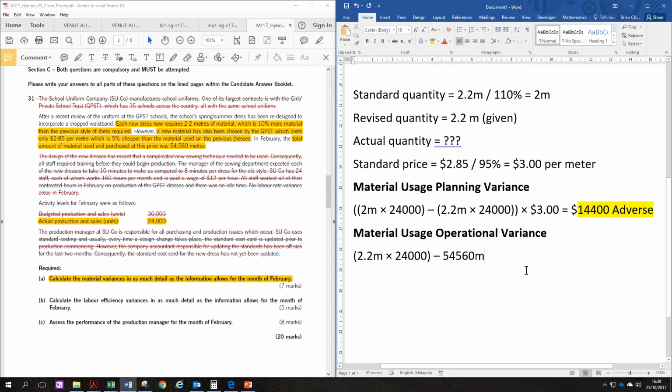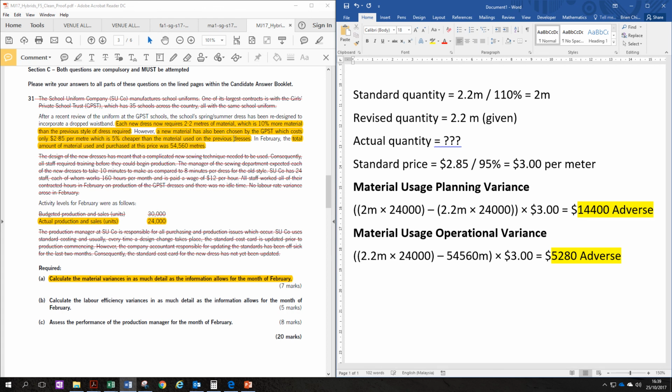After we've done with that, we are going to multiply everything again by $3. That should give us a total amount of $5280 adverse. Now, where do we get this adverse number from? Because the amount of materials actually purchased is more than the revised quantity over here. That means this number is more than this number, so it is adverse.